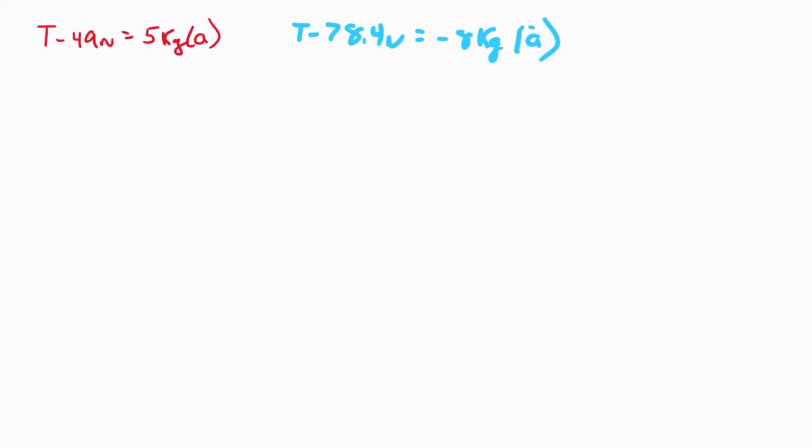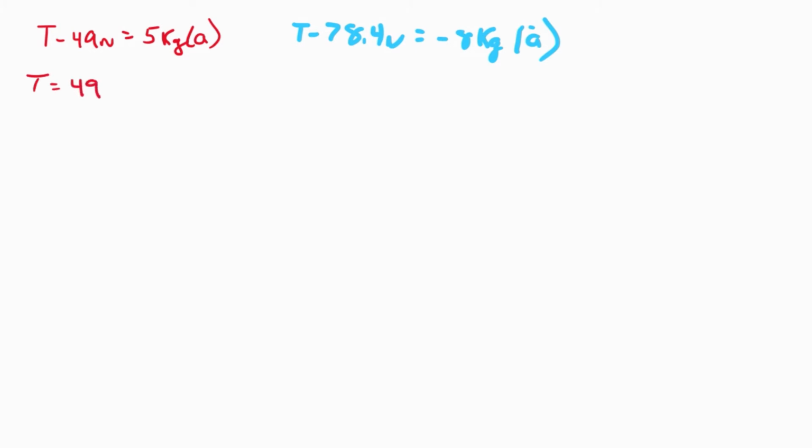So the red equation: T minus 49 newtons equals 5 kilograms times a. I'm just writing the same thing that I had before. And the other one was T minus 78.4 newtons equals negative 8 kilograms times a. I'm going to solve for T in this equation and substitute it into the other one. So I'm going to add 49 newtons to both sides.